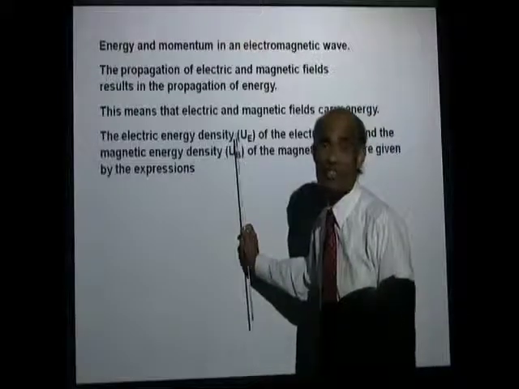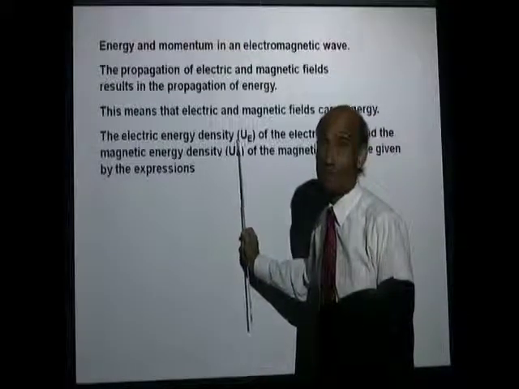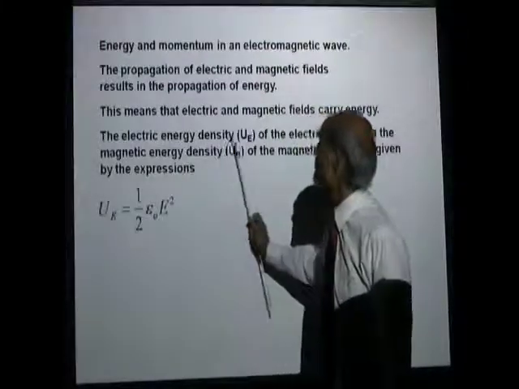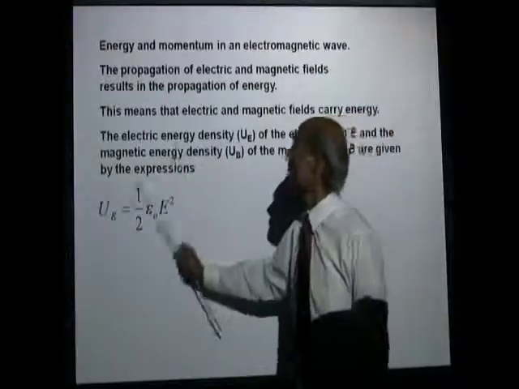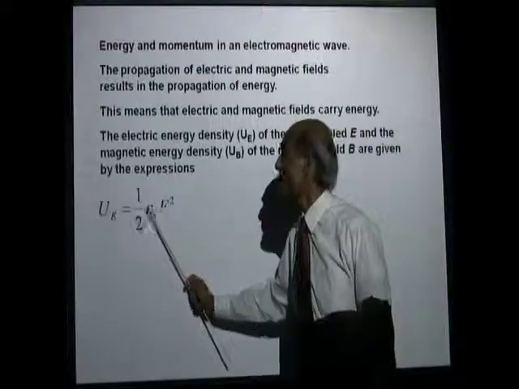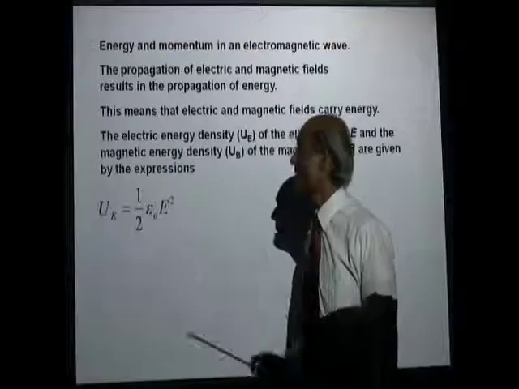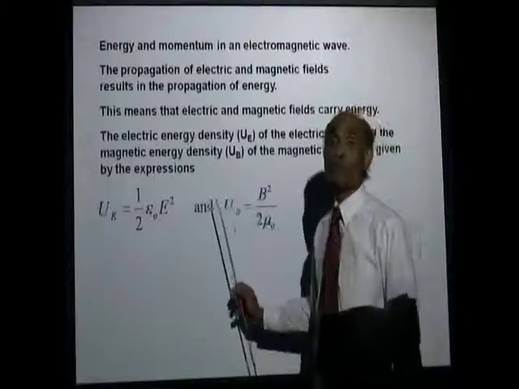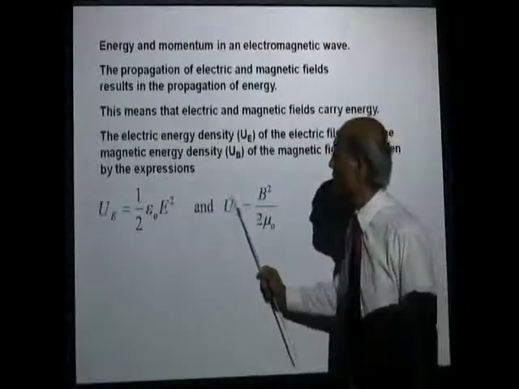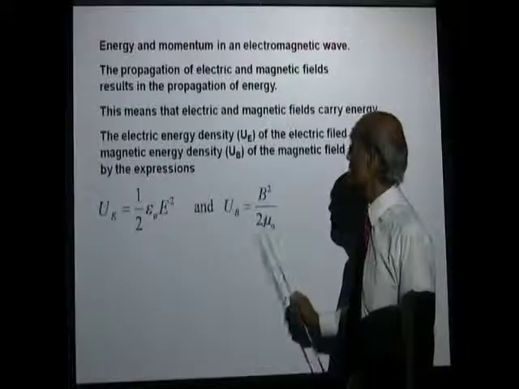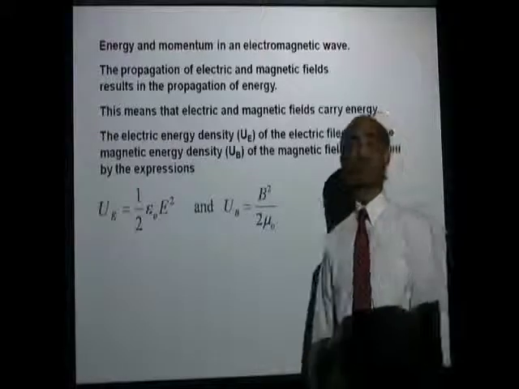We actually discussed them briefly before, if you recall. U sub E, the electric energy density, is 1/2 epsilon naught E squared, and a similar expression for the magnetic energy density, U sub B, is B squared divided by 2 mu 0.